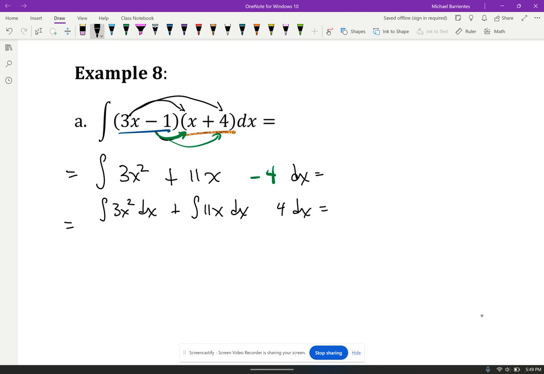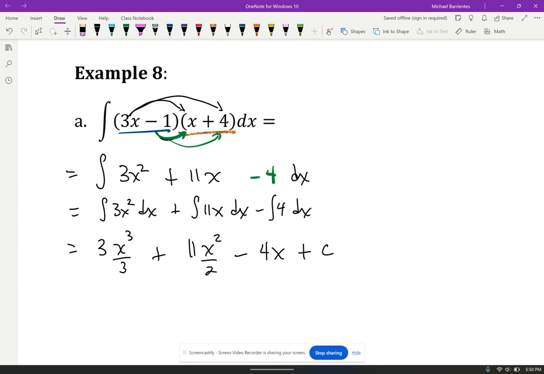And then I can start taking antiderivatives of these independent terms. So the antiderivative of this would be x to the 3 divided by 3 plus the antiderivative of this would be x to the second divided by 2 minus the antiderivative of this would just be 4x plus c.